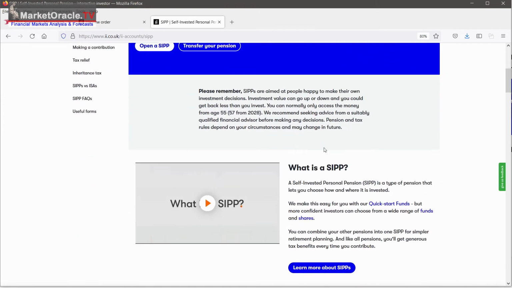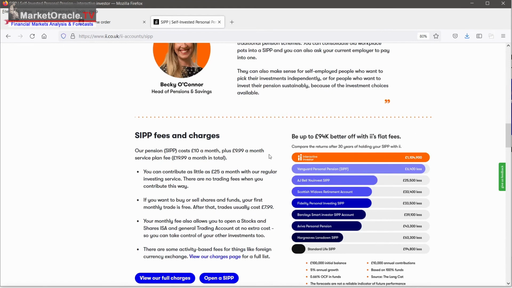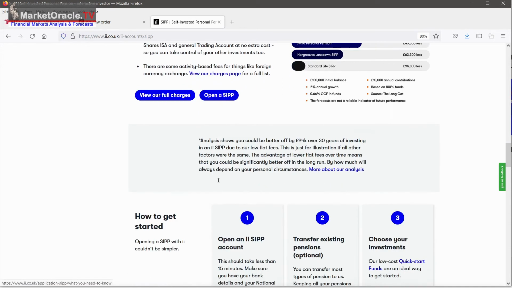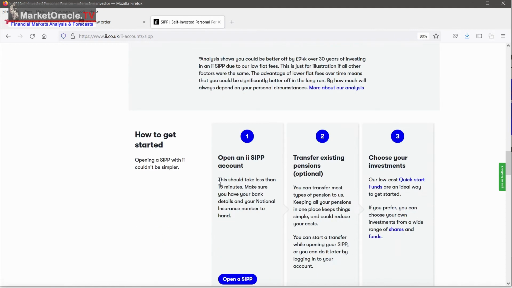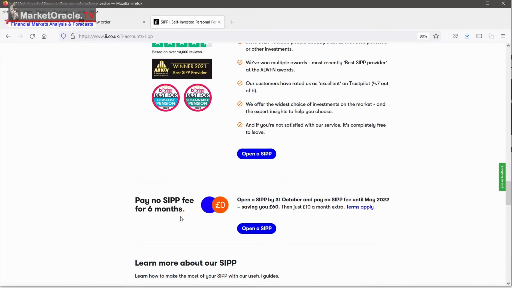Let's have a look at the offers. They might have some offers going. Pay no SIP fee for 6 months.